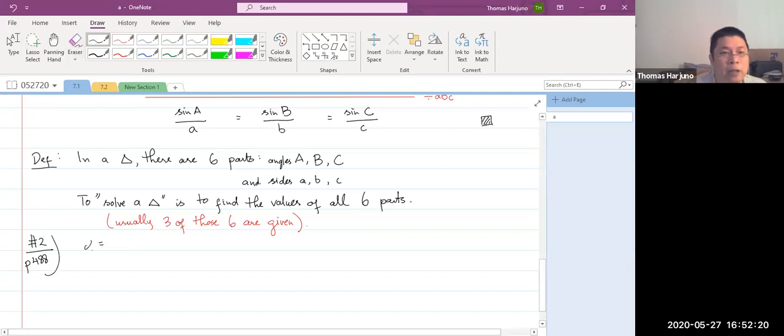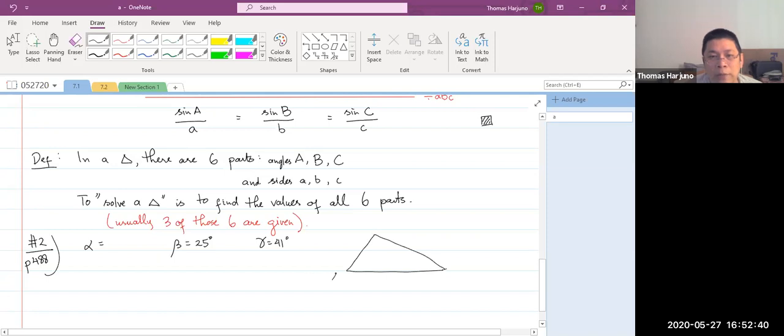Angle alpha is unknown, beta is 45 degrees, and angle gamma is 41 degrees. Let me give you a better picture. So let's say this is our triangle.